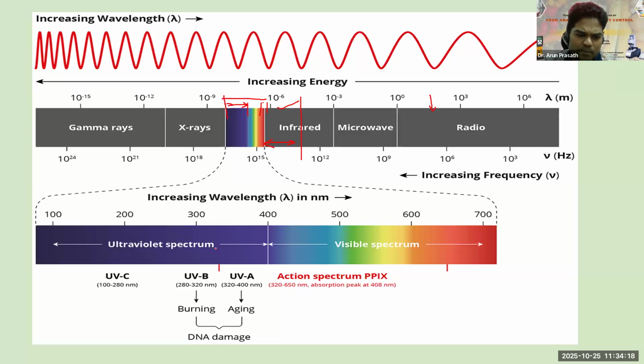Some portion of the ultraviolet rays, UVA and UVB, has a disinfectant effect, as it causes DNA damage. It can be used for disinfection. That's why we use UV light for disinfection in our laminar airflow chamber and everywhere.